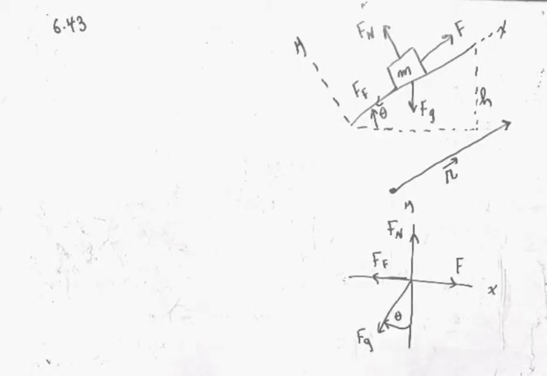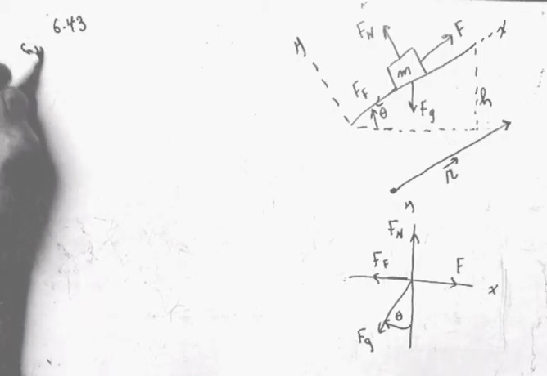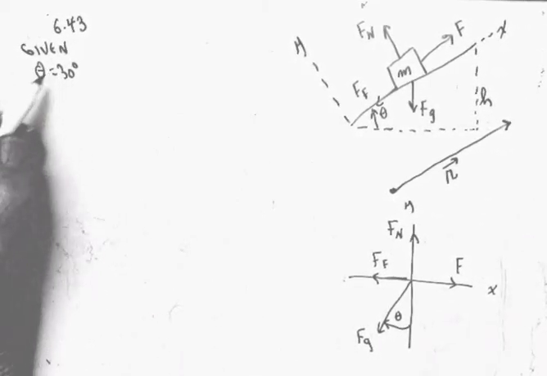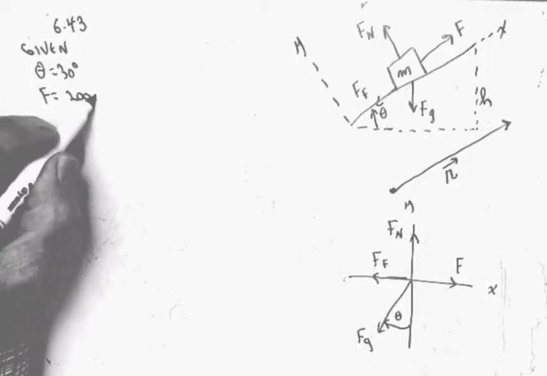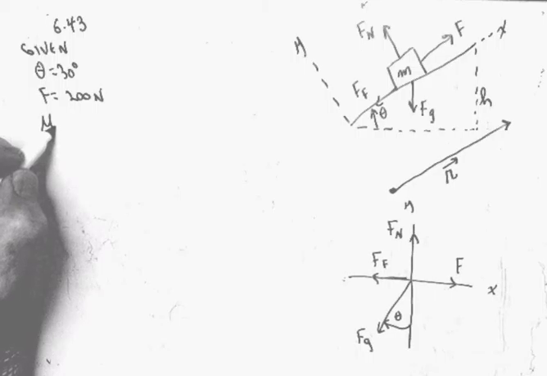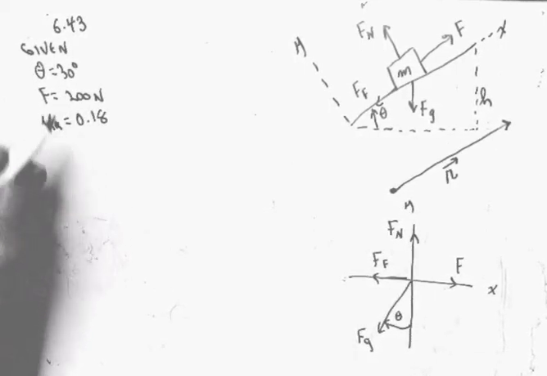Okay, let's see now. We're given the angle, theta is 30 degrees. The force is equal to 200 newtons. That's that applied force. And the coefficient of kinetic friction is equal to 0.18.